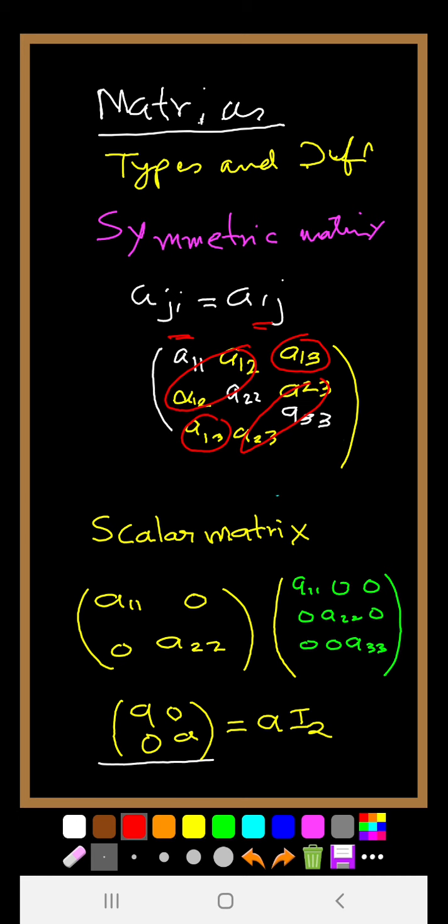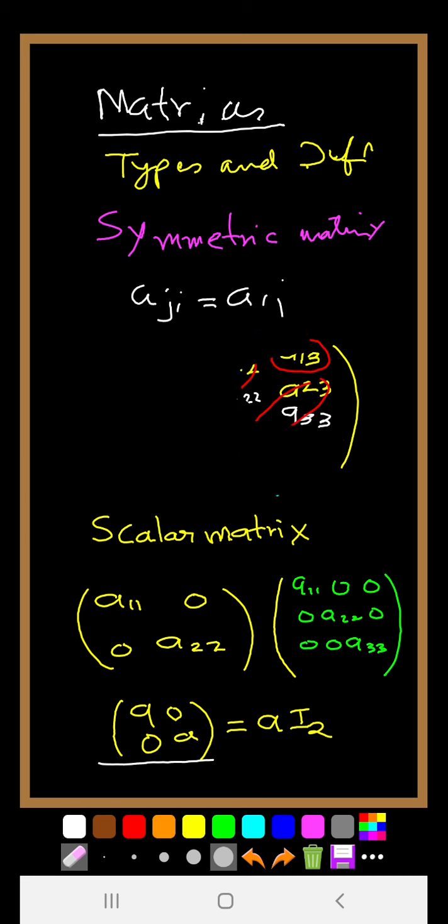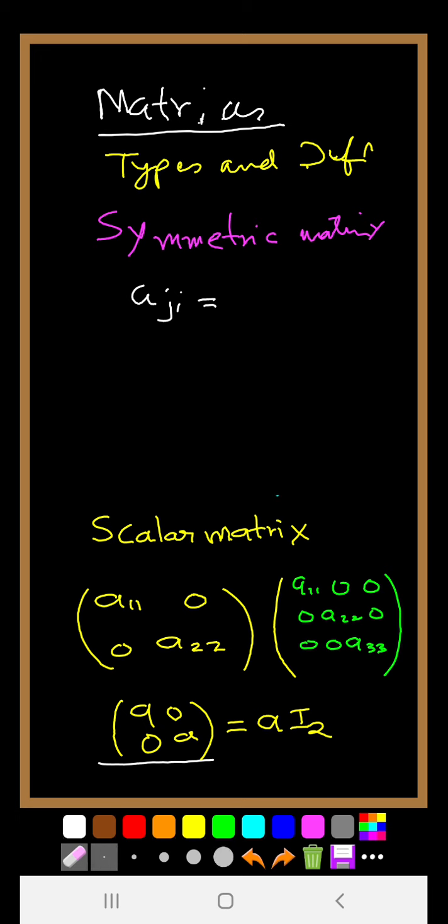However, if the case is opposite, that means they are equal in magnitude but there is a change in sign, that means aji is equal to minus aij.